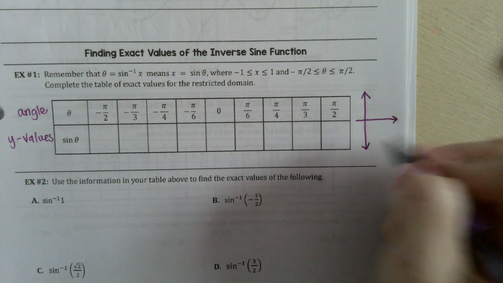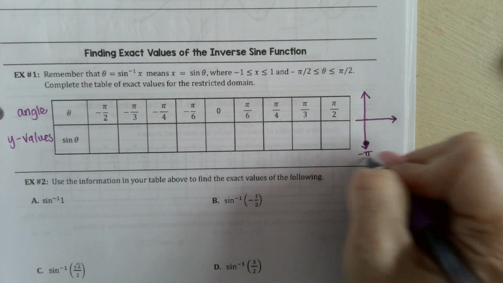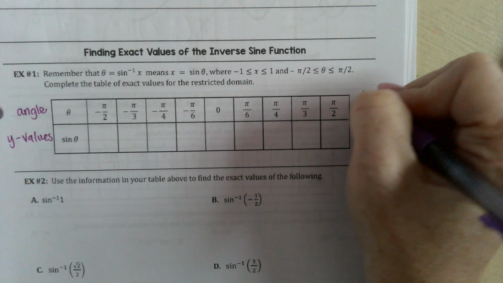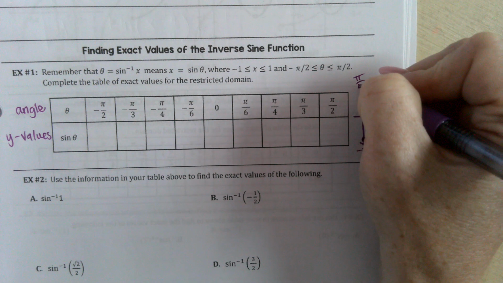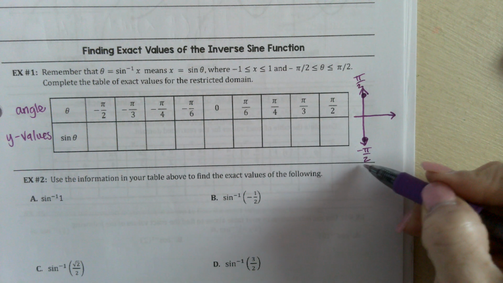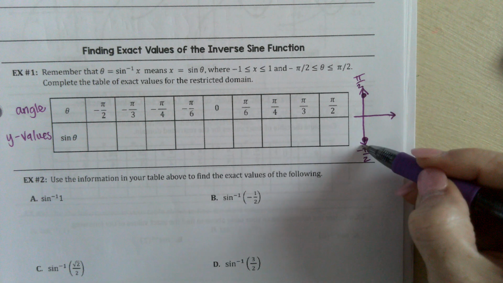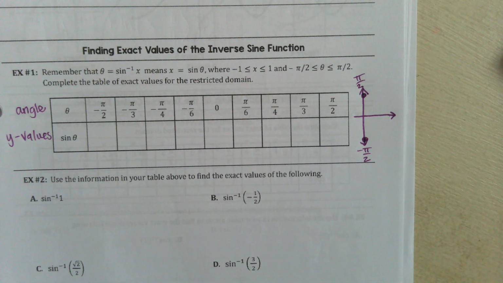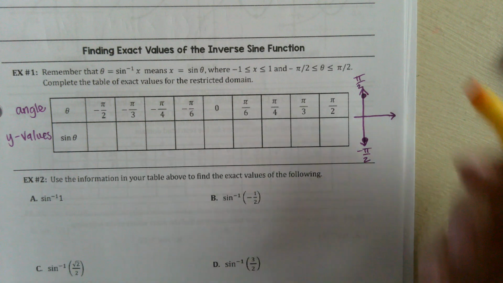I go from negative pi over 2, which is down here, to positive pi over 2. Does everybody understand why this is negative pi over 2? I'm going backwards pi over 2 radians, just like I would go forward.